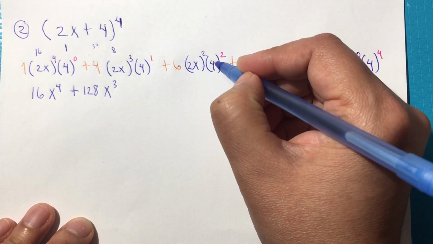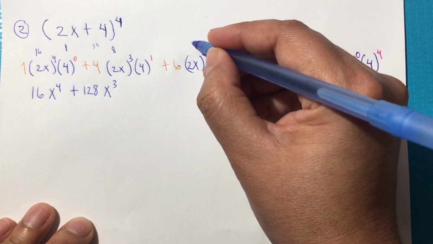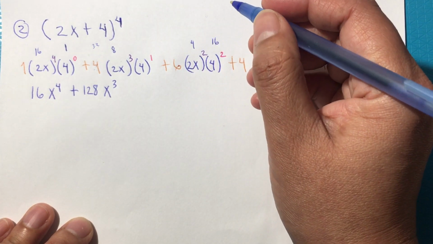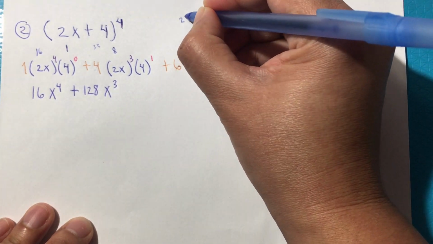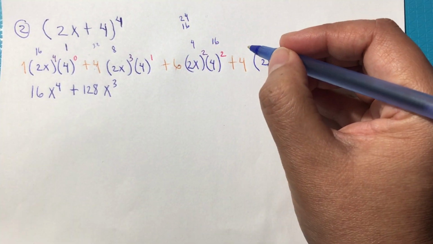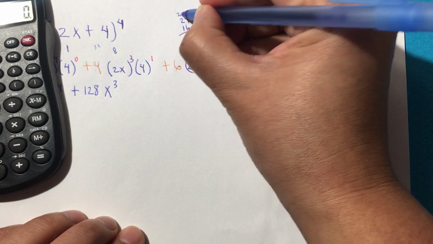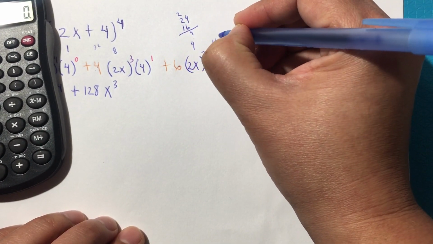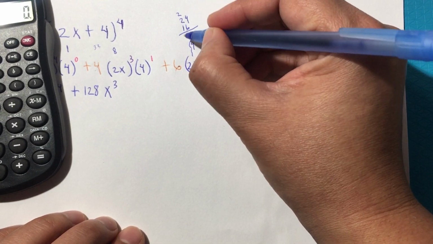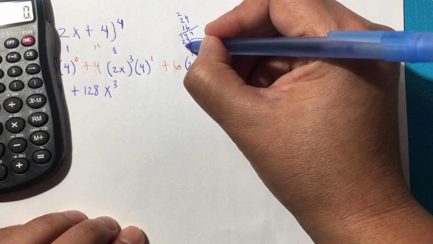In here, 4 to the second power is 16. 2 to the second power is 4. And then we multiply 4 times 6 is 24. So I'm just going to do the working here. 24 times 16. And of course, you can use your calculator, okay? 6 times 4 is 24, carry 2. 6 times 2 is 12, 14. 1 times 24 is 24.